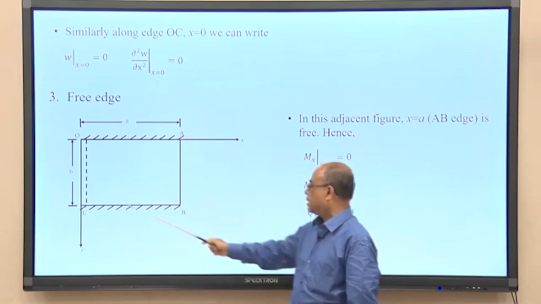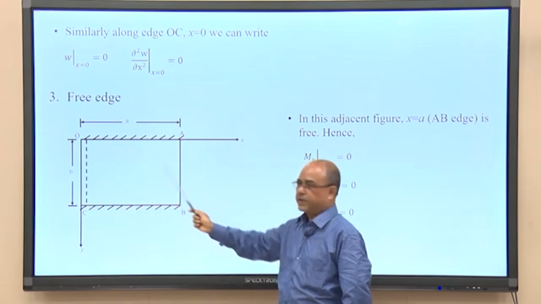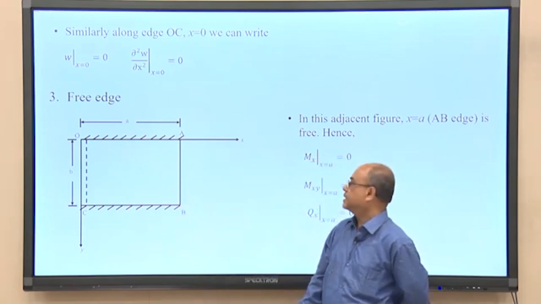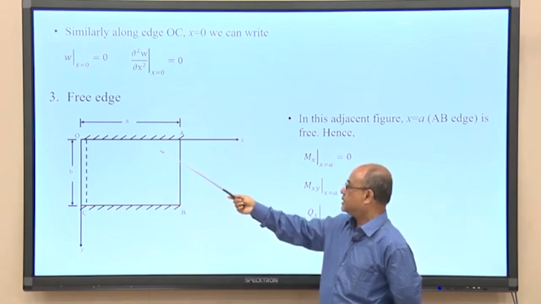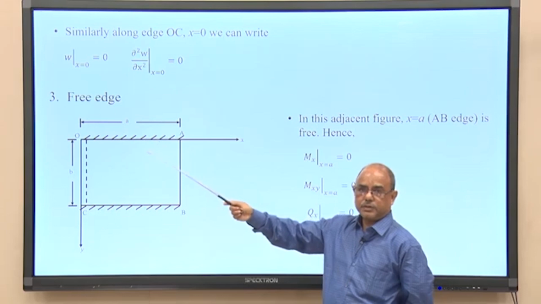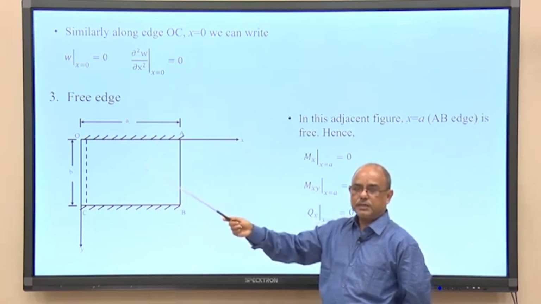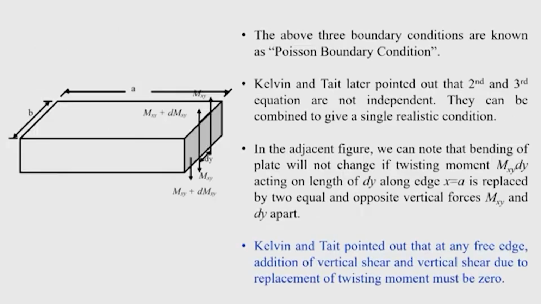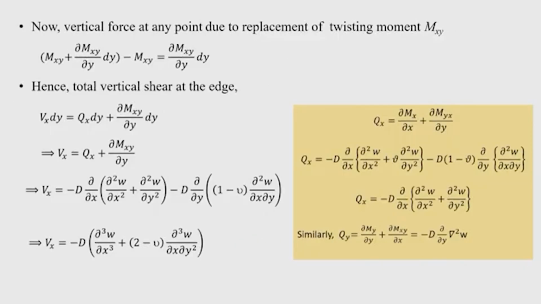For example, if OA is free instead of a clamped edge, suppose OA is free, then we have to write at y equal to 0, S shear V y is 0. So, the expression for V y can be written by analogy with that expression.